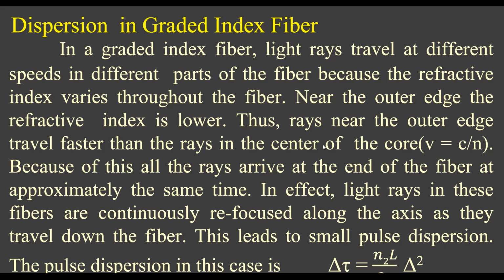Thus, rays near the outer edge travel faster than the rays in the center of the core, because we know that the relation between the velocity of light and the refractive index is V = C/N. Here C is the velocity of light and N is the refractive index of the medium.